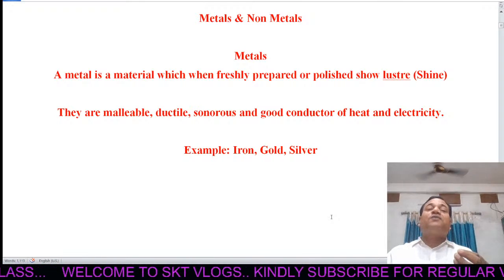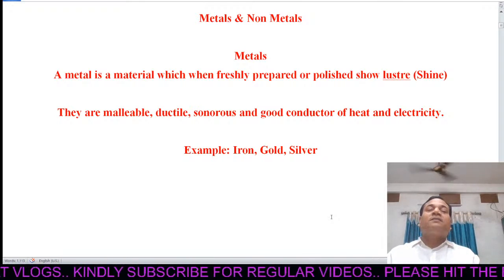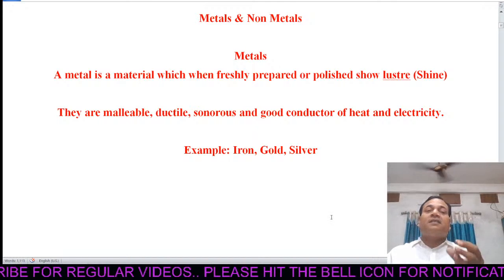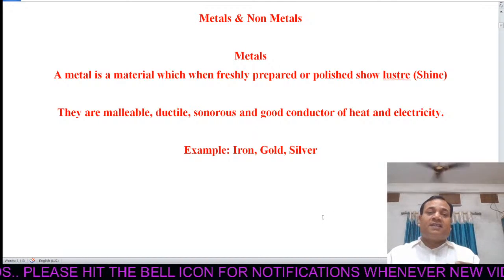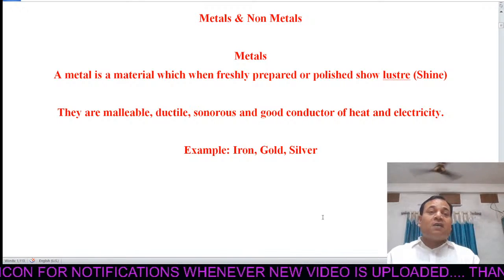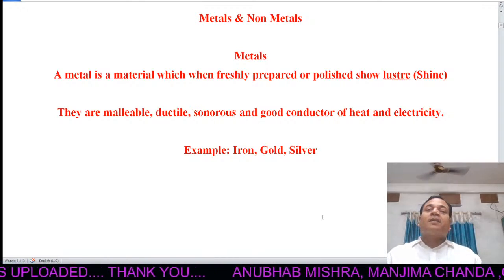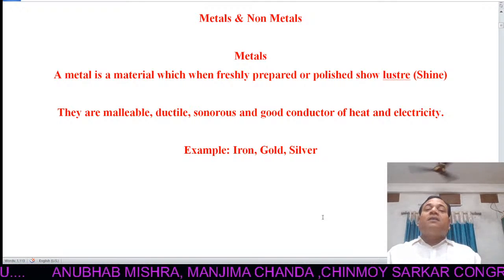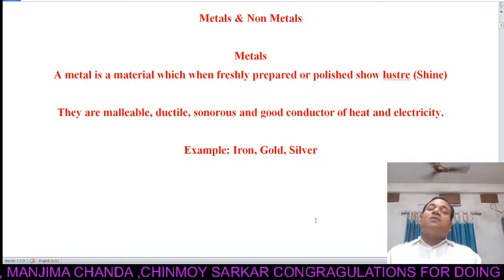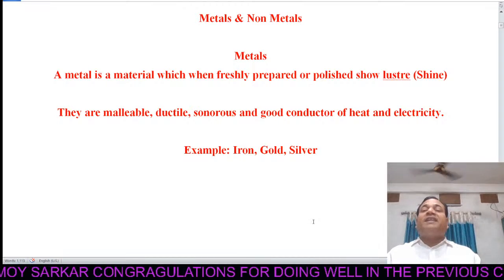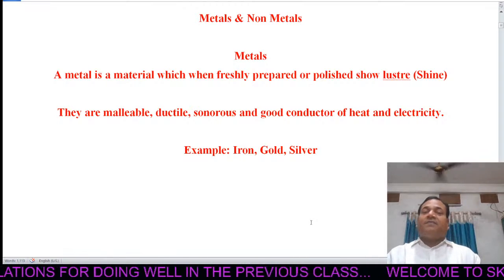So that is sonorous. Clear? What type of sound? A special type of sound you will be able to hear. And those metals are good conductors of heat and electricity.